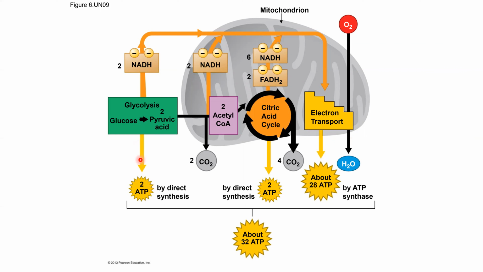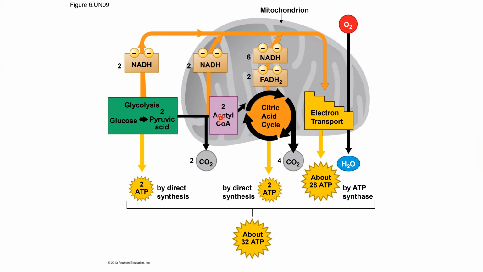So here we have the first step. Then pyruvic acid, if oxygen is present, will move inside mitochondria and be converted into acetyl-CoA. Pyruvic acid has 3 carbons. Acetyl-CoA has 2 carbons. So 1 carbon atom is removed together with oxygen in the form of carbon dioxide.